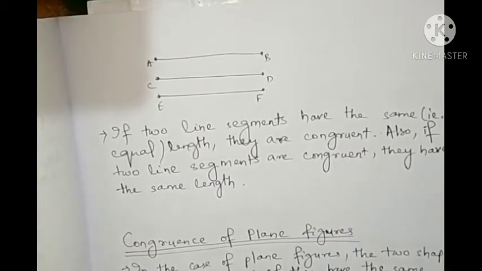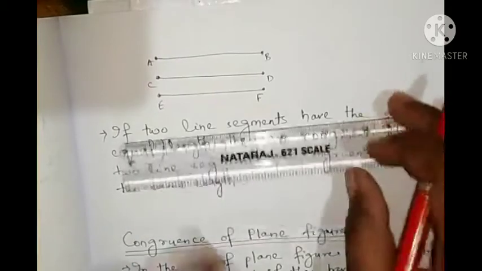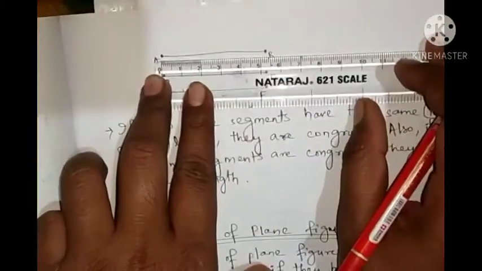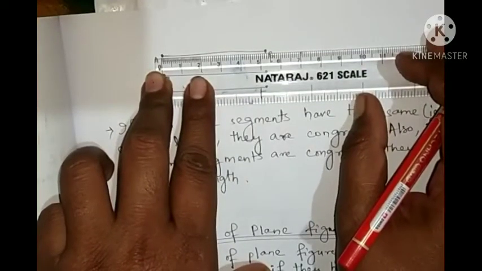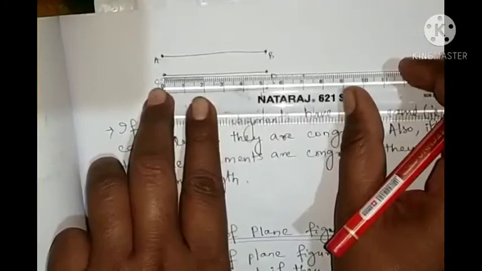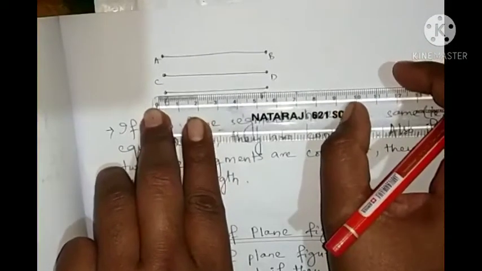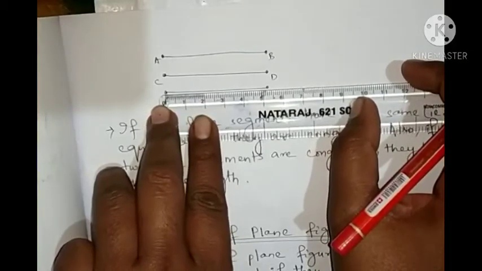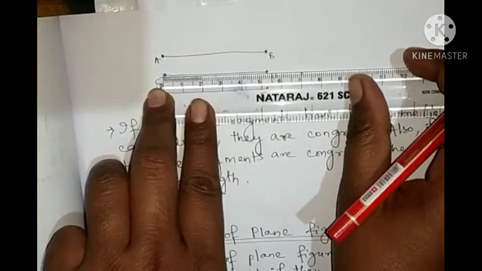Also if two line segments are congruent, they have the same length. Means, look at here. Again I will measure. This one is 5.7. This is 5.7. This is, sorry, this is 5.3.